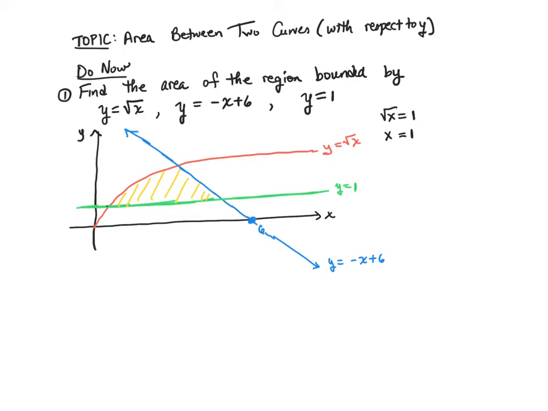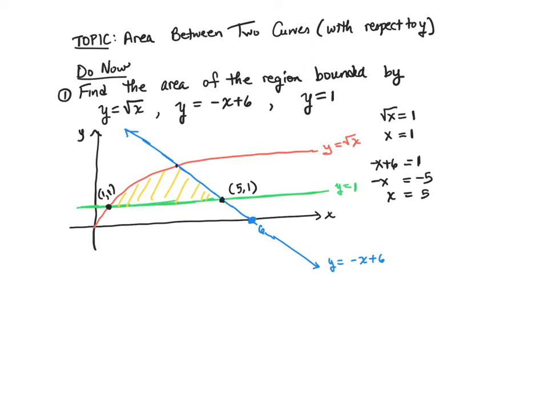So this point here is (1, 1), and when x is 1, y is 1. So that was easy. For the second point, we set y equals 1 equal to the line, the opposite of x plus 6. If we solve this quickly, we get x is 5, so this point is (5, 1), because it's on the line y equals 1.